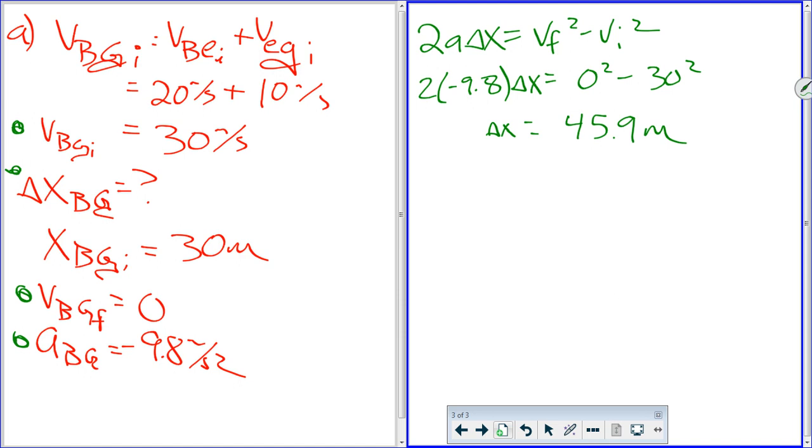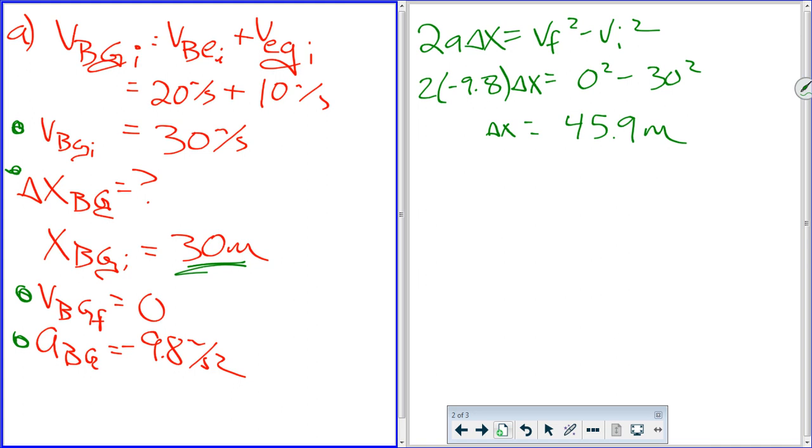All right, and then we got to add on the 30 meters, which was the mistake I made, to illustrate the fact that it started at a point 30 meters up, right? Good, you guys? So you added 30? Yes. So the real answer is like 75? 75.9, yeah.